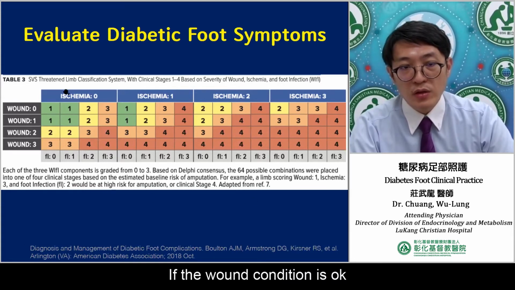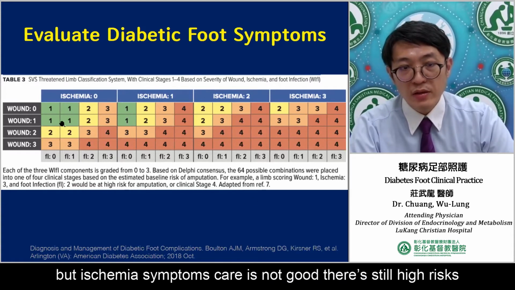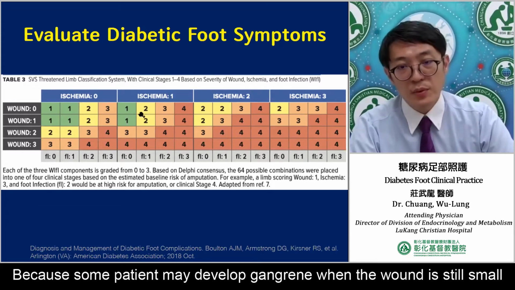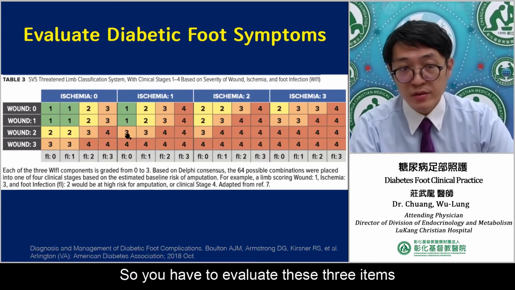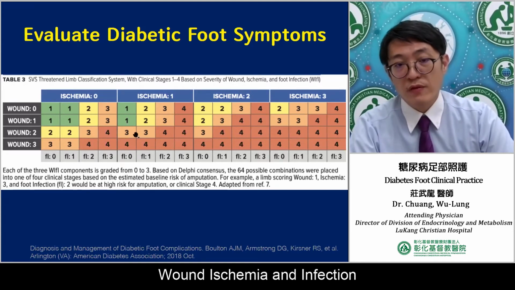But if the wound condition is okay while the ischemia is not good, it's still high risk because some patients may develop gangrene even if the wound is still small. So you have to evaluate three items: wounds, vascular status, and infection.